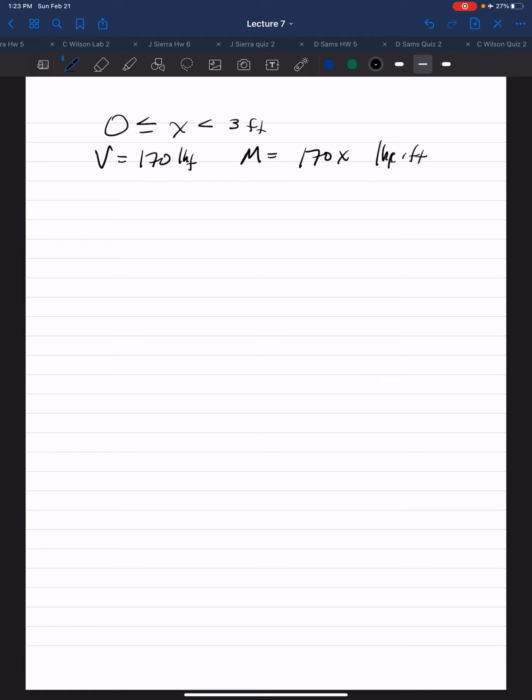For your 3 feet less than x less than 5 feet span, your V is minus 630-pound force, and your M was minus 630x plus 2400 pound force feet.